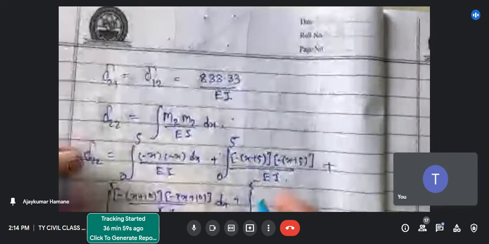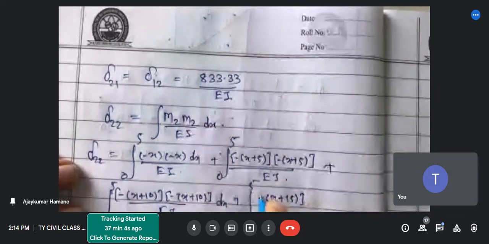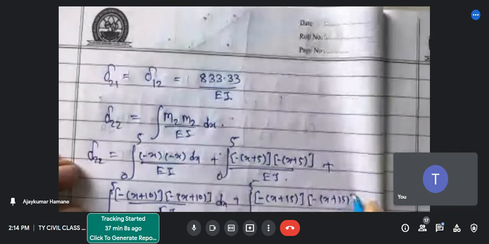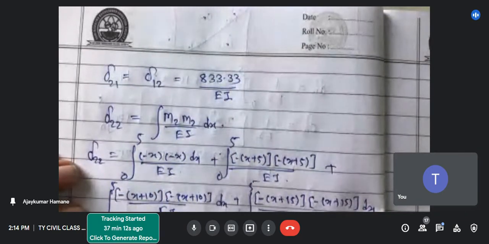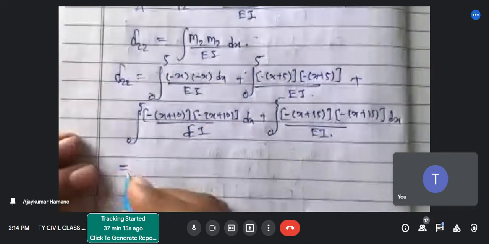Last span is x plus 15 dx divided by EI. Now we'll solve this one.